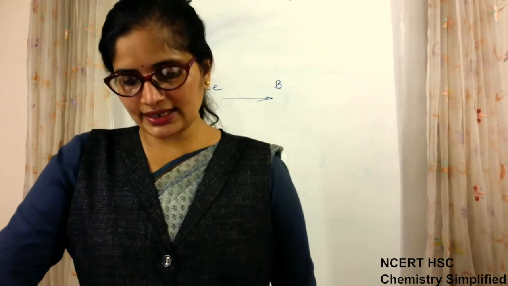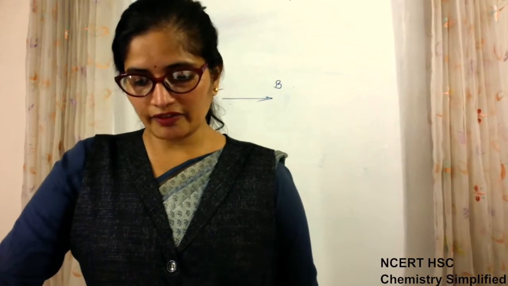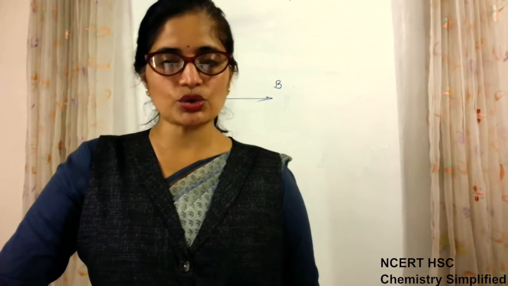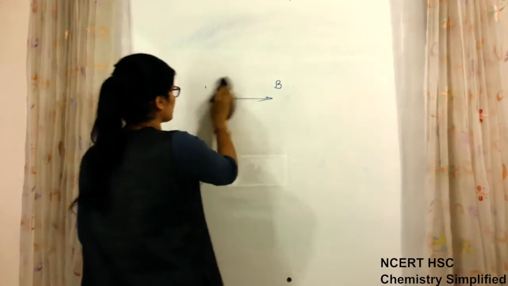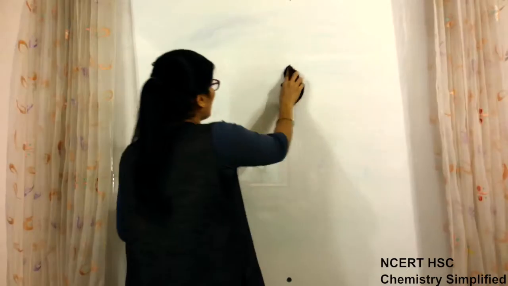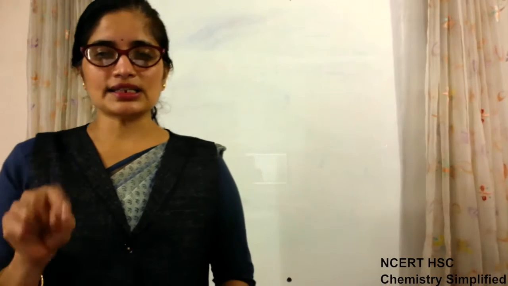One more question is there. Neon and Na positive ions are isoelectronic species. I hope you understand isoelectronic species. Isoelectronic species are two different elements having the same number of electrons. These elements are different. In case of isotopes, we see that the elements are the same.